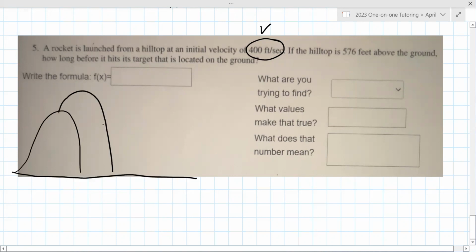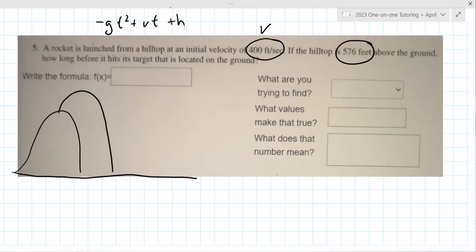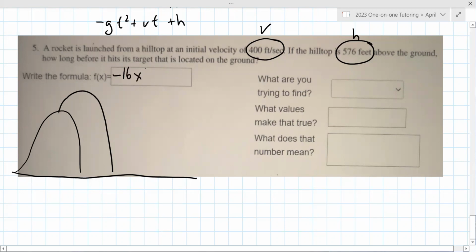It looks like 2 mountains or 2 hills, but that is the rocket. The 576, what does that represent in the equation? It's the height, H. Yep. So this equation is minus 16x squared plus 400x plus 576.